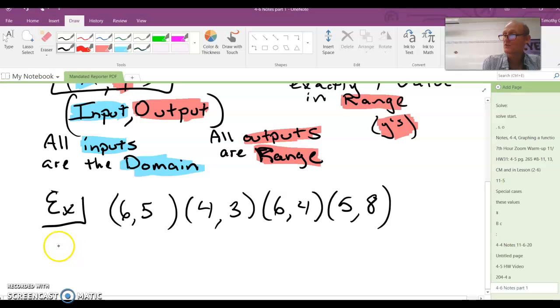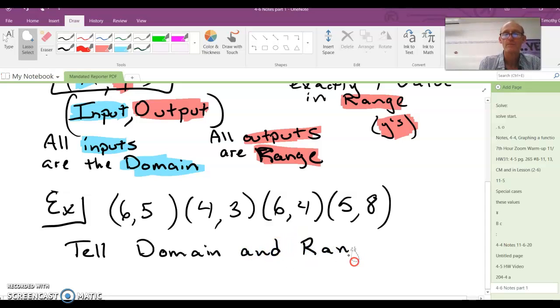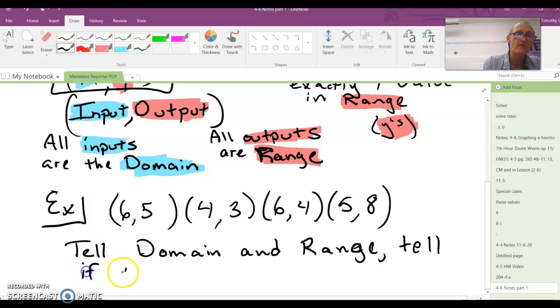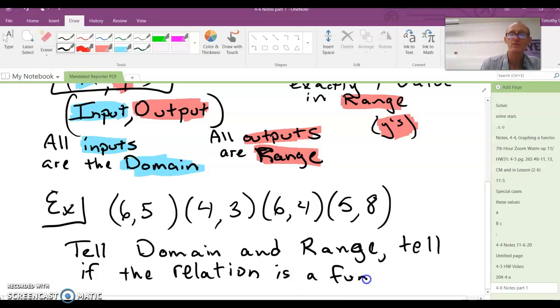The question is to identify the domain and range and tell if the relation, these 4 ordered pairs, is a function.